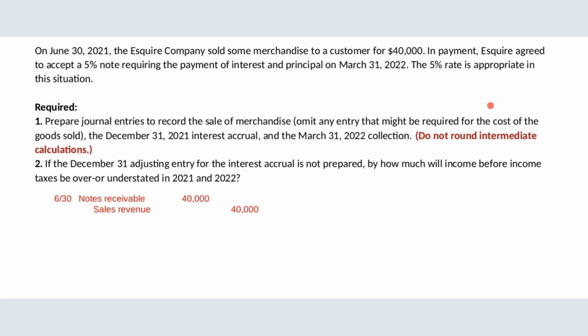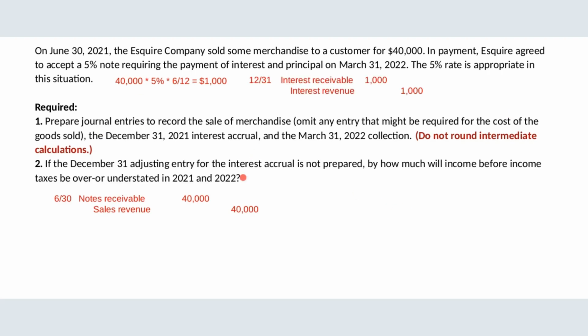We have 6 months. So the interest is 1,000. So we're gonna debit the interest receivable for 1,000 and credit interest revenue for 1,000.